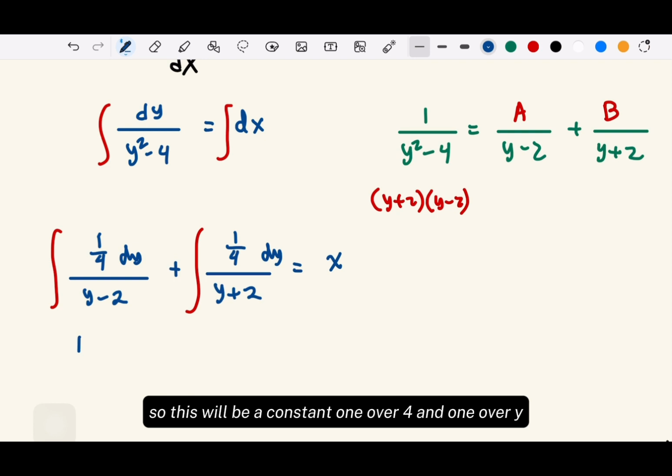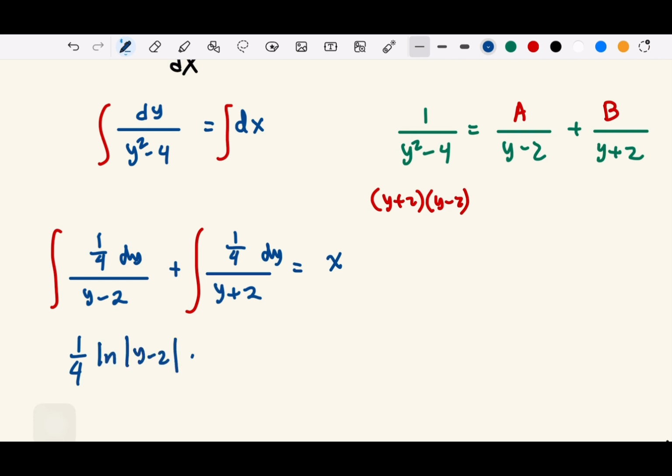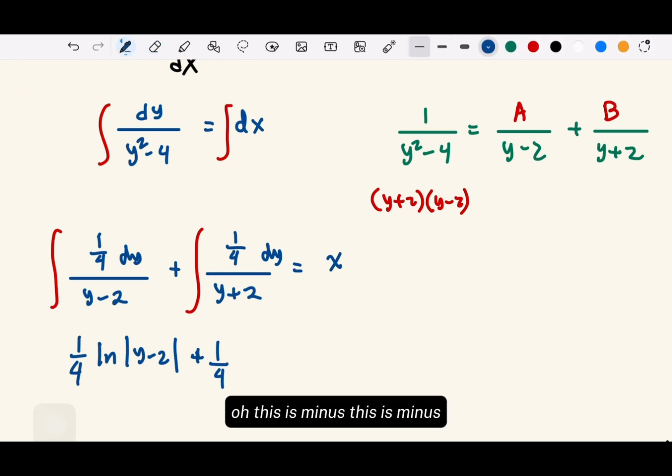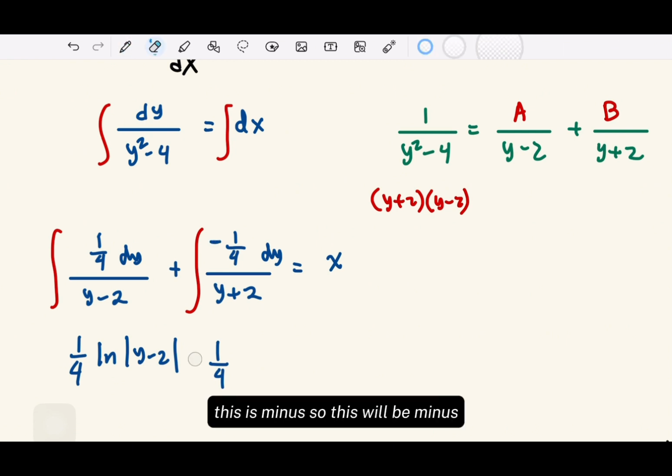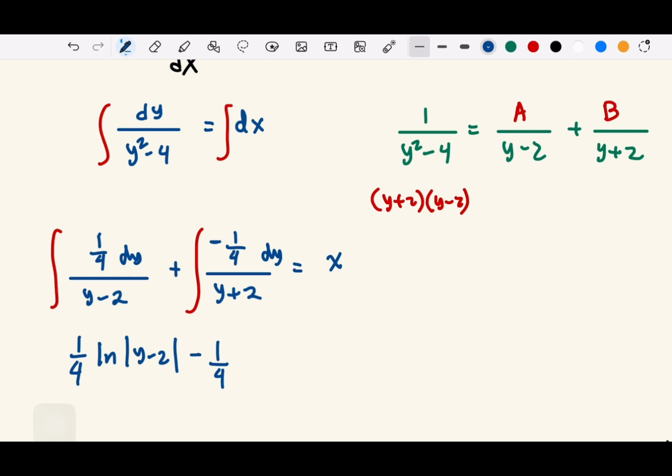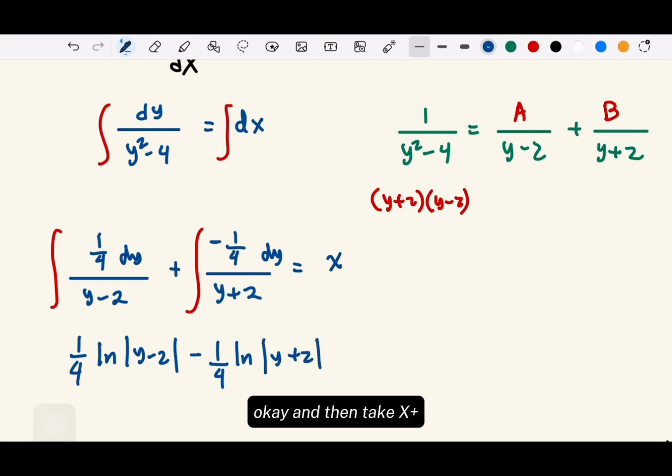So this will be a constant 1 over 4, and 1 over y minus 2 becomes just ln of y minus 2, right? And this is also similar. Oh, this is minus, so this will be minus ln of y plus 2. Okay.